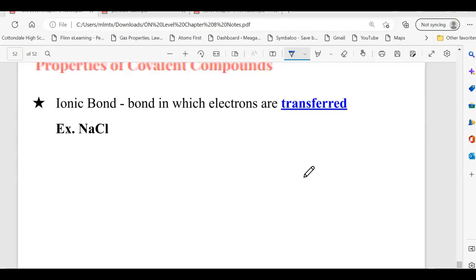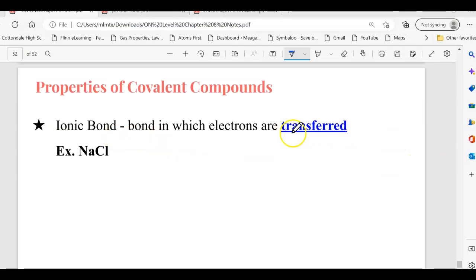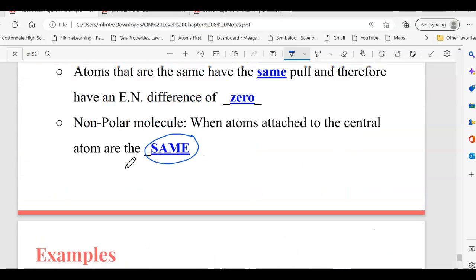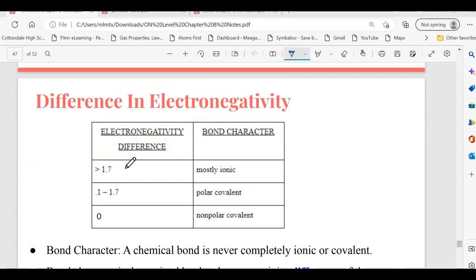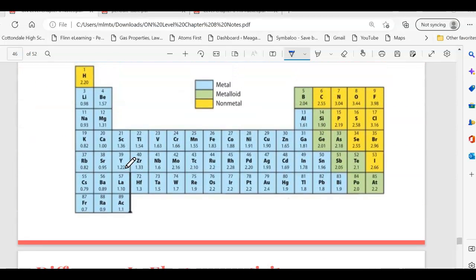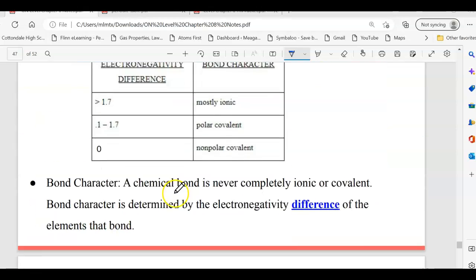The last little thing in our notes talks about ionic bonds. Remember, ionic bonds transfer electrons. An example of an ionic bond would be NaCl. Just to double check, if we go back up to my electronegativity chart, Na is 0.93 and Cl is 3.16.